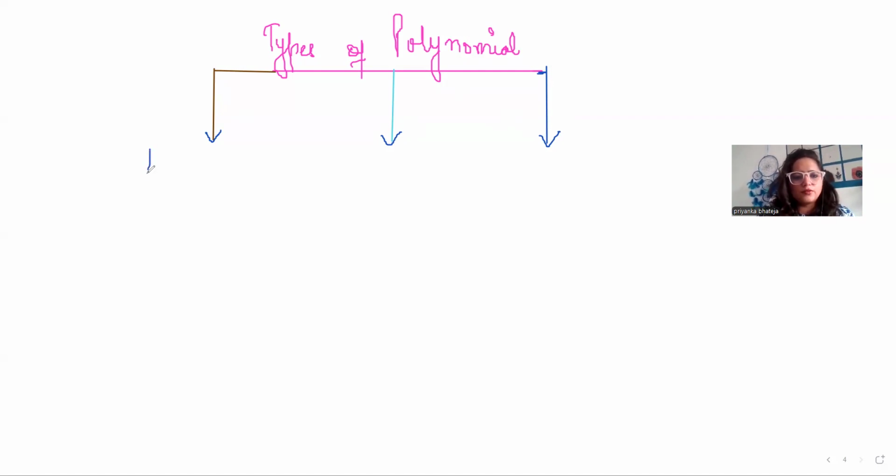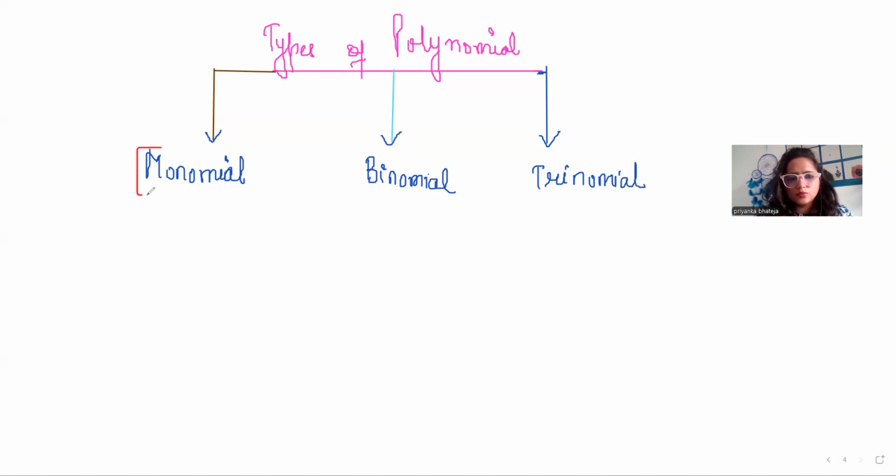Types of polynomial. First of all, monomial. Second is binomial. Third is trinomial. As I told you, in maths also, everything has a meaning and a name. Whenever the word mono comes in maths, that means one. Whenever bi comes, that means two.